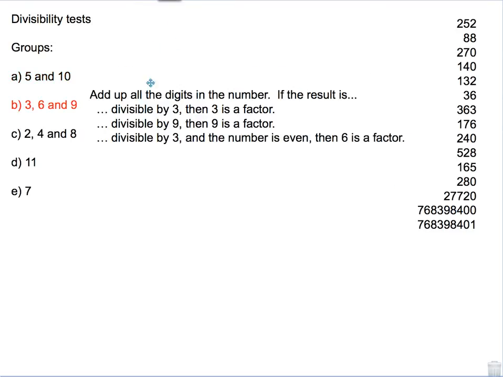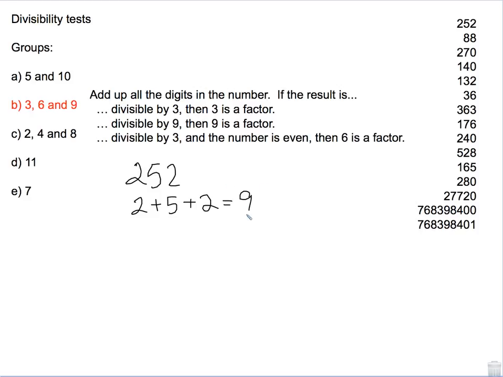3, 6, and 9 are related because in each case you need to add up all the digits of the number. So let's take the number 252. If we add up the digits in 252, we have 2 plus 5 plus 2, that equals 9.